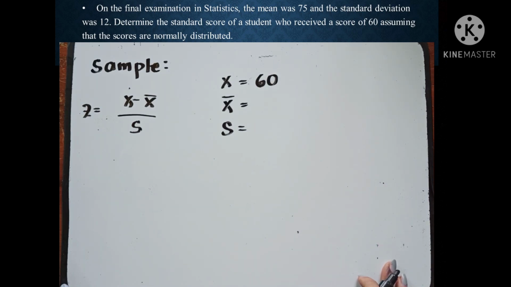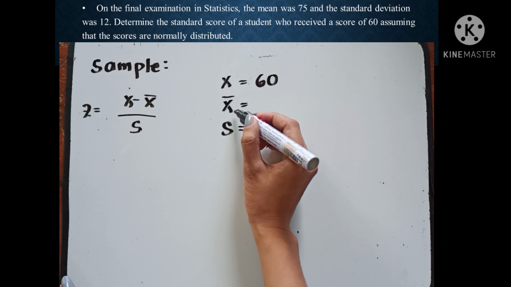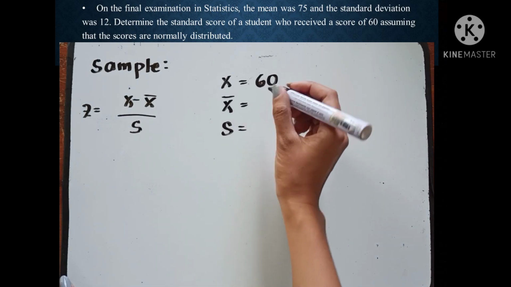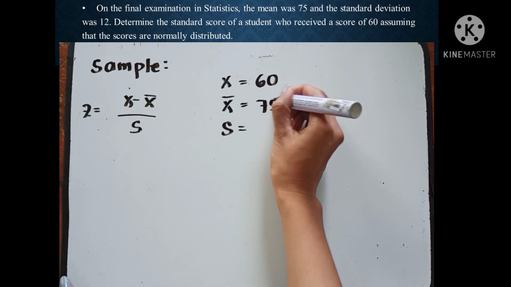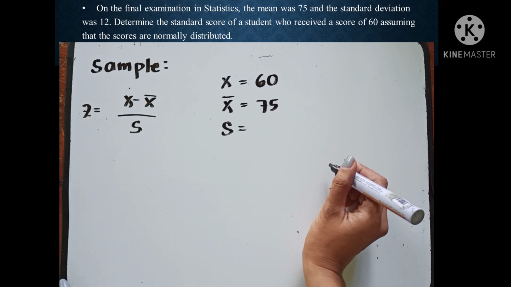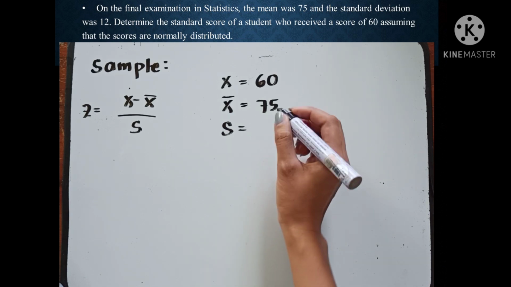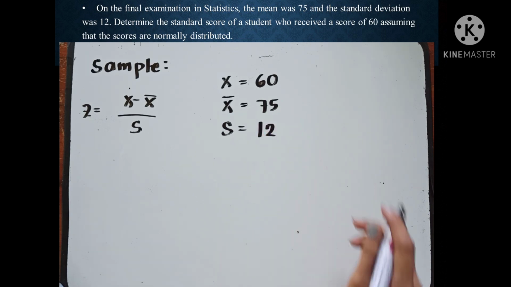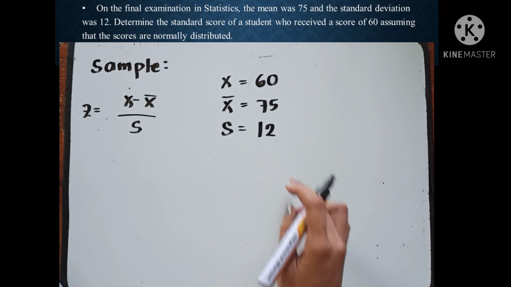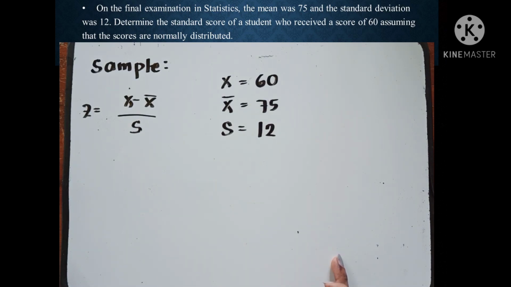Sabi dito, determine the standard score of a student who received a score of 60. Yung sample mean natin is 75, and the standard deviation, denoted by small letter s, was 12.